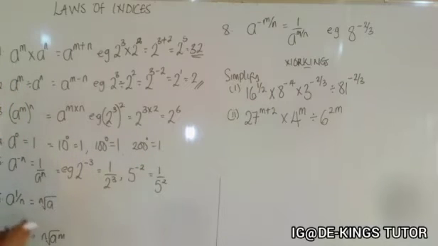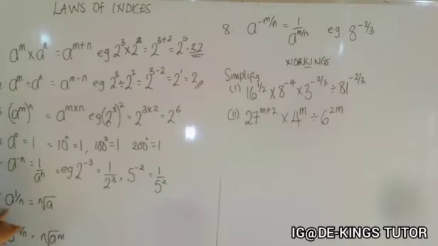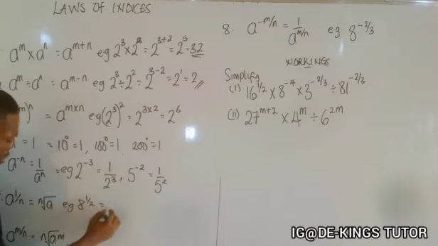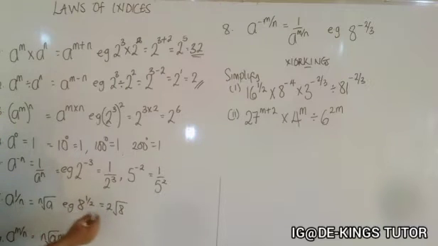So whenever we have an index that is negative, it equals 1 over the base to the power. Okay, the next one, the sixth law: a^(1/n) equals the nth root of a. For example, 8^(1/2) equals the square root of 8.